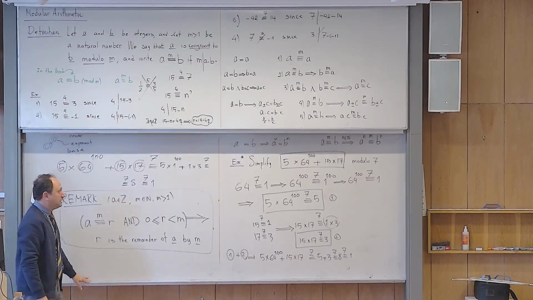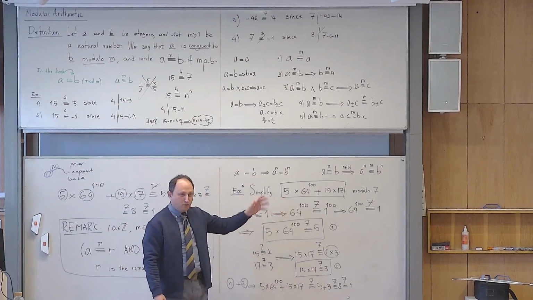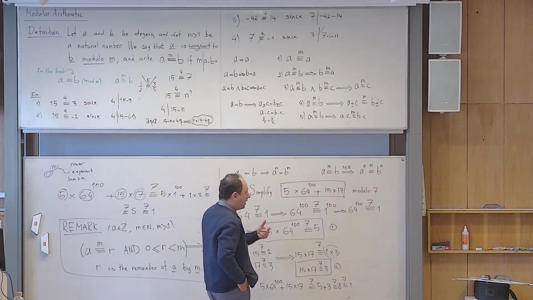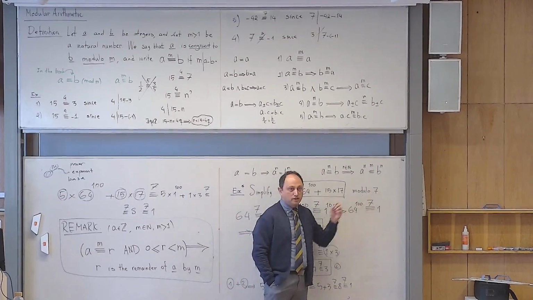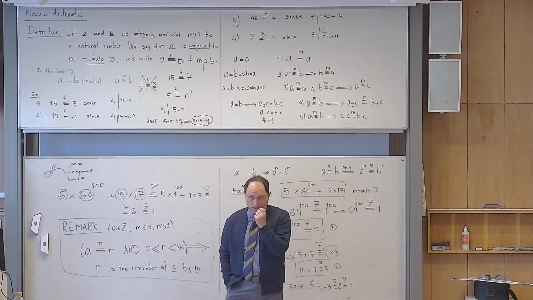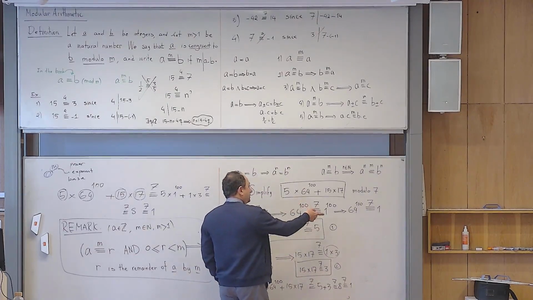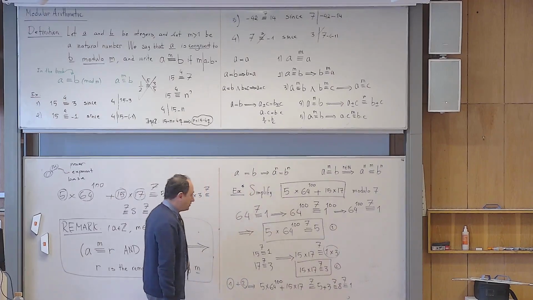For example, instead of asking you to simplify this expression, the book usually asks you like this: find the remainder of this number if you divide it by 7. Yes, this is the way that they ask the question. So what is the remainder if I divide this huge number by 7? Can you answer that now?